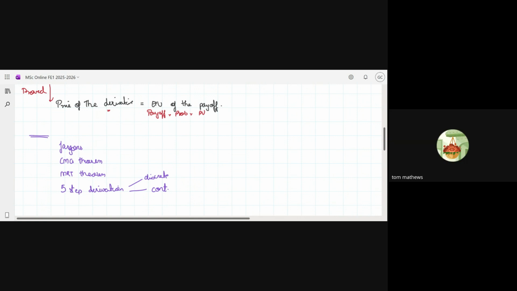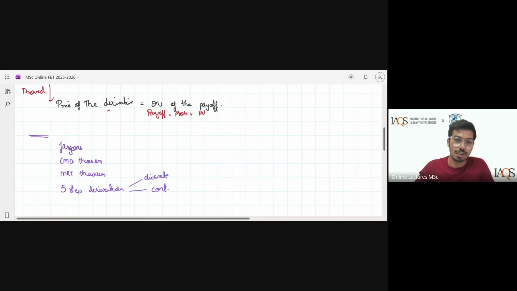CMG theorem. What is CMG? It's called the Cameron Martin Girsanov theorem. I'll write it when we do it, but it's called Cameron Martin Girsanov.